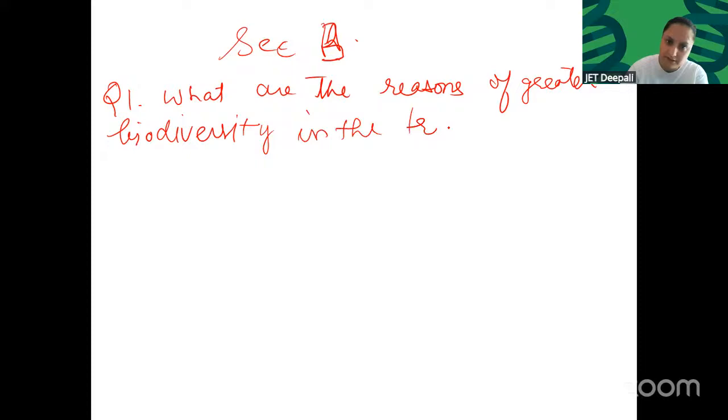Tropics means the area of the mid part of India.